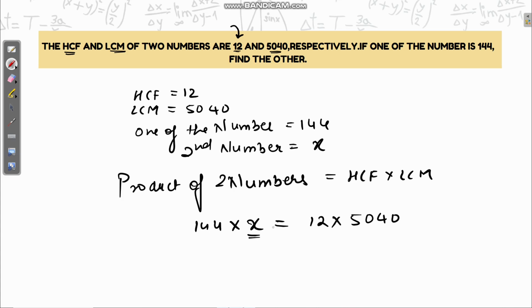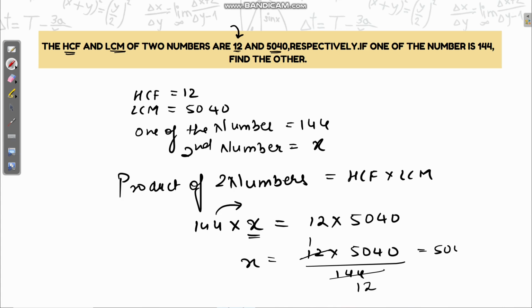We want to find X, so take this 144 on the other side. So X will be equal to 12 into 5040 upon 144. So here you can cancel with 2 also, you can cancel with 12 also. So let's cancel with 12, that is 12 ones are 12 into 12 gives you 144 because 12 square is 144. Now there is 5040 upon 12.